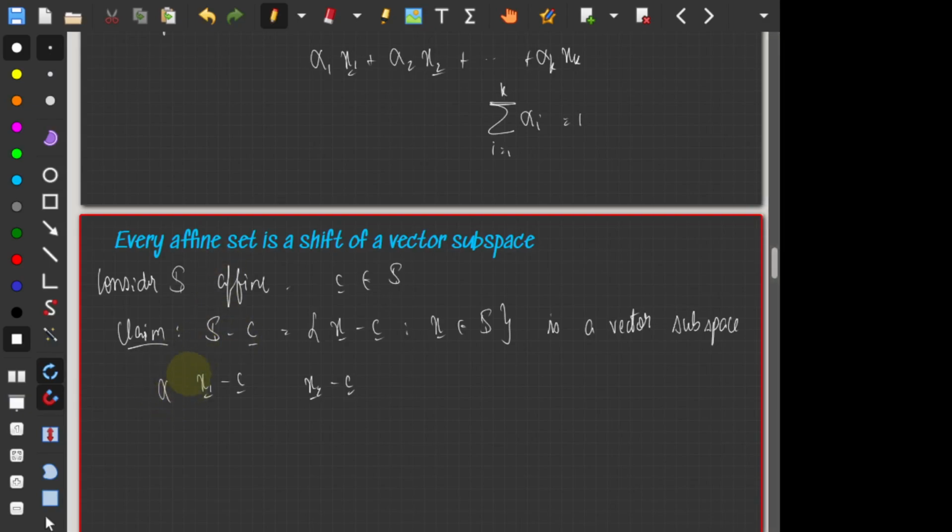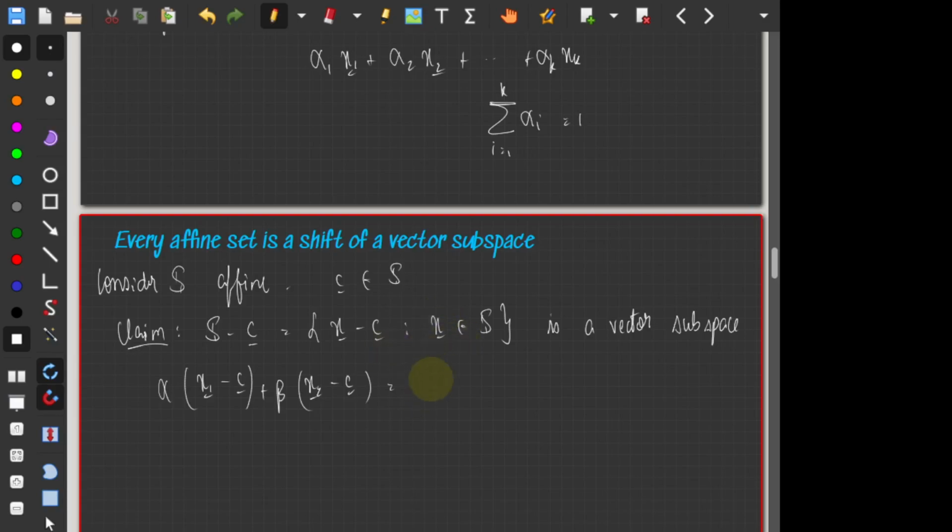So let me take any linear combination, alpha times (x1 minus c) plus, let's say, beta times (x2 minus c). Can I write this as some point from S minus c? Let's expand this.